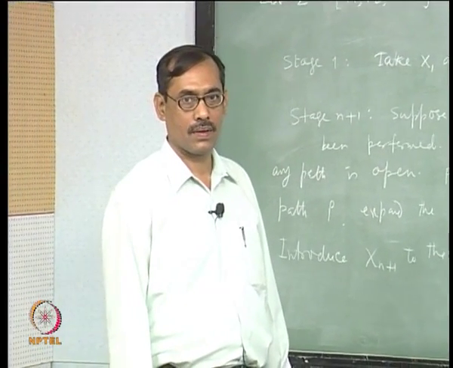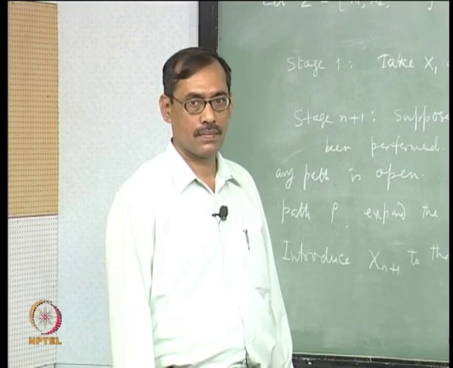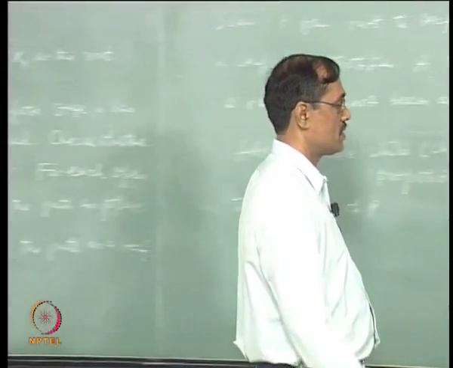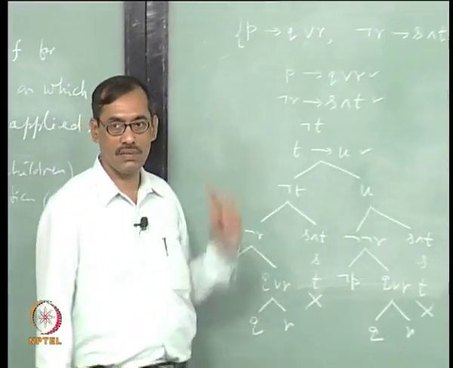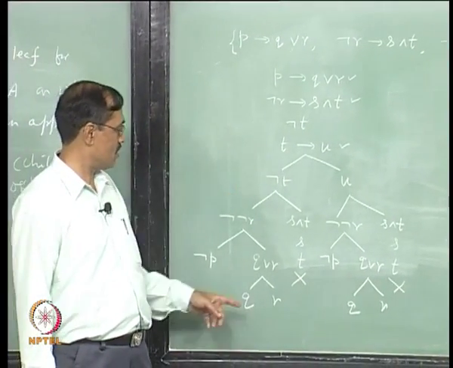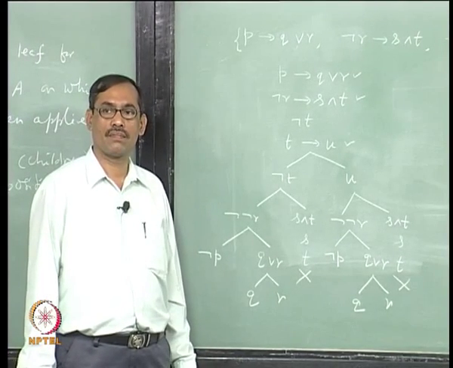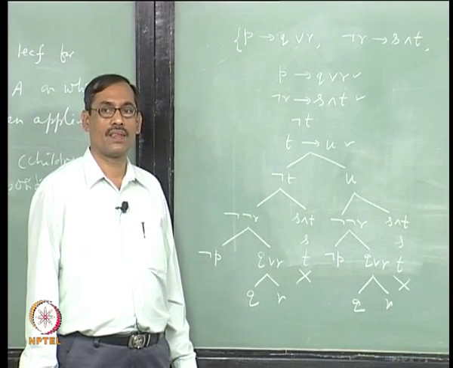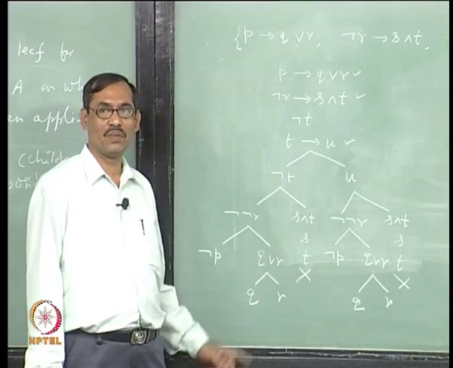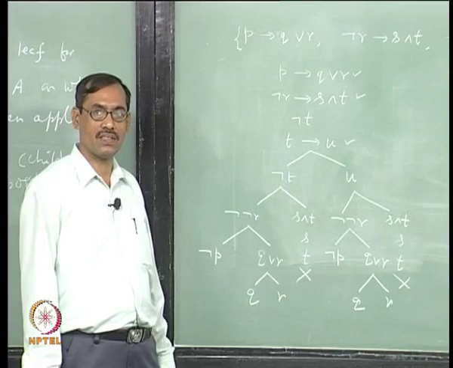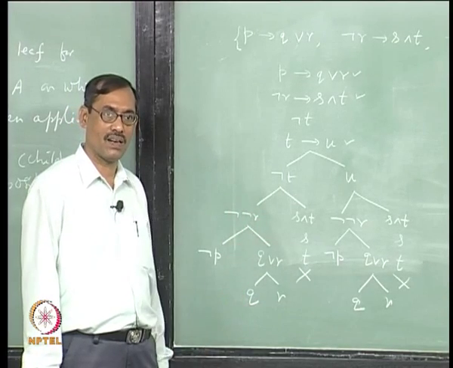So why will you get it later? You are not expanding totally. Suppose you want to come to here, P implies Q or R. So at one stage it will give you not P, Q or R; Q or R remains. We are not expanding at that stage, only one from the top. So it may be expanded in the next stage or maybe later, I do not know when, right.